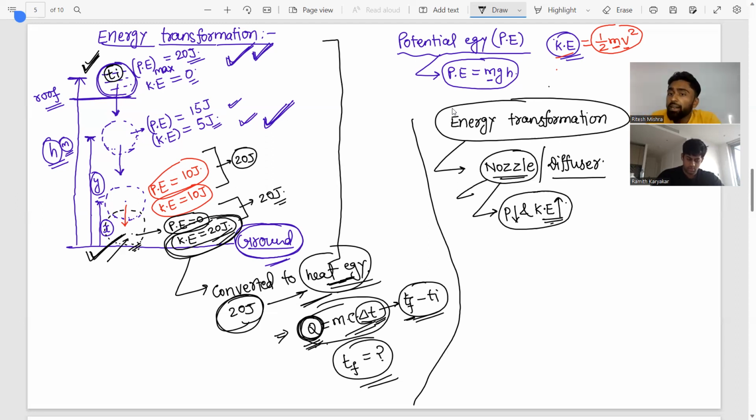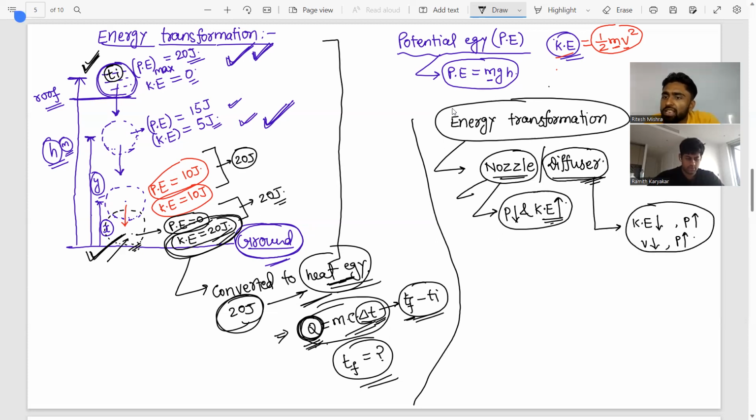Okay, but in a diffuser, what is the function of a diffuser? Reverse of nozzle. That means in the diffuser, kinetic energy will decrease and pressure energy will increase. That means velocity will decrease and pressure will increase. Here you can see that one energy is transformed into another form.